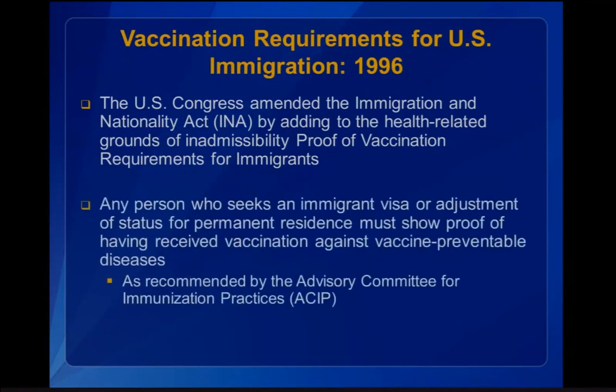And so any person, as I was just saying, must show proof of having received vaccination against vaccine-preventable diseases, and these are as recommended by the Advisory Committee for Immunization Practices. So this is ACIP.